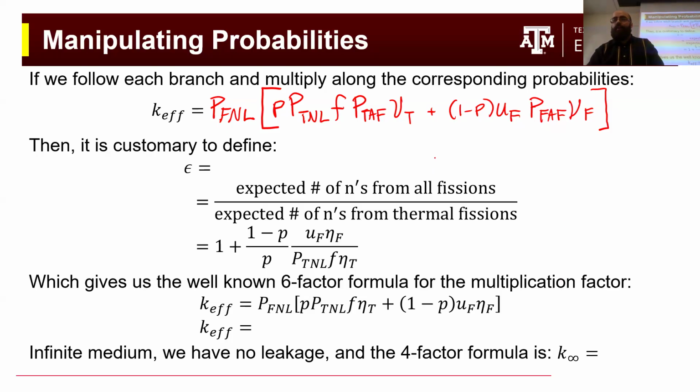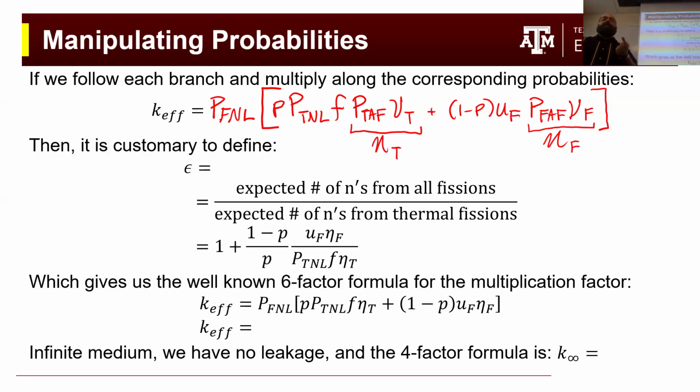And then by definition, these terms get grouped together, so P_TAF and the nu T, we lump together and call it eta thermal. And then we lump the corresponding fast terms together and call that eta fast. Because we have these two branches, we want one equation.